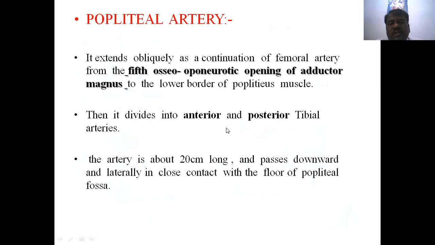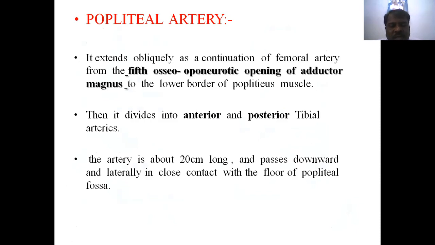Next is the popliteal artery. How does it enter? See, it extends obliquely as a continuation of the femoral artery. Already you are seeing the adductor canal, the femoral artery. It enters the adductor canal, then passes obliquely to the medial surface of the femur. Then it pierces the aponeurotic fascia, that is the adductor magnus.